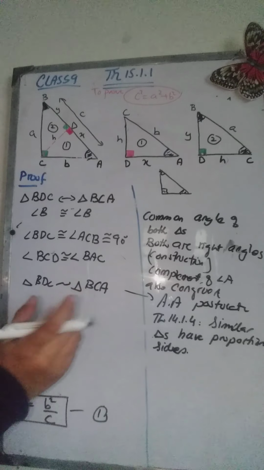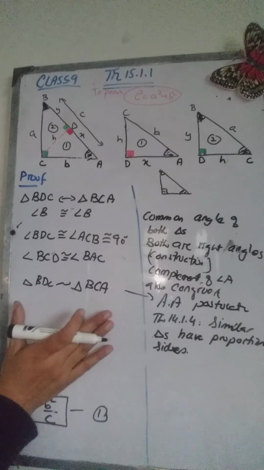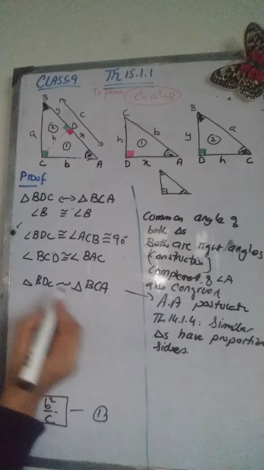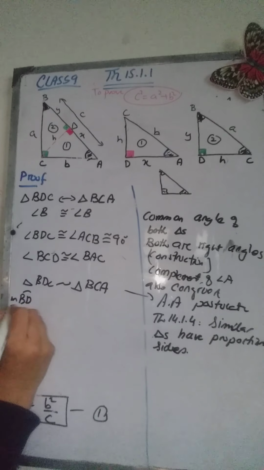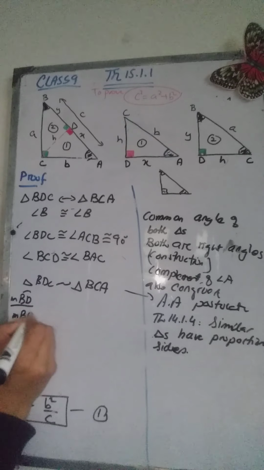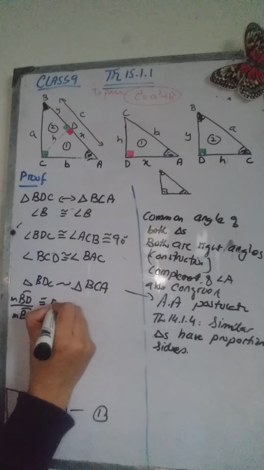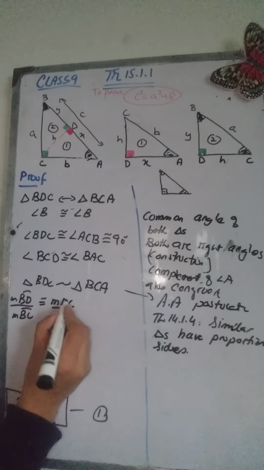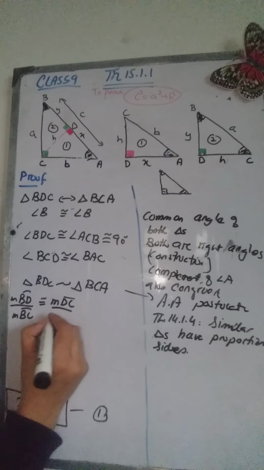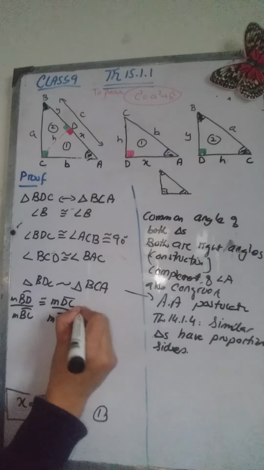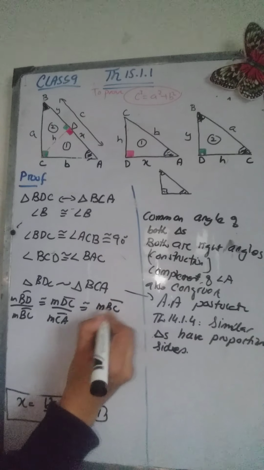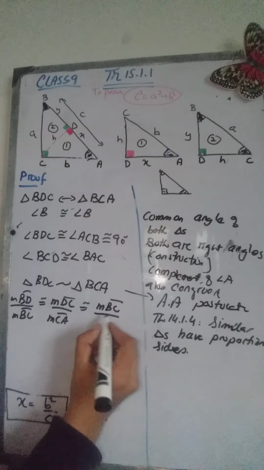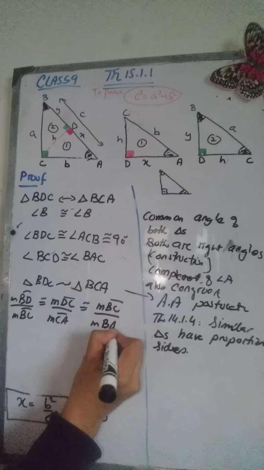They are similar triangles, so their sides will be proportional. Now taking the proportionality of the sides, BD over measurement of BC will be congruent to measurement of DC, corresponding to DC we have measurement of CA, and that in turn will be congruent to measurement of BC, corresponding to BC we have measurement of BA.